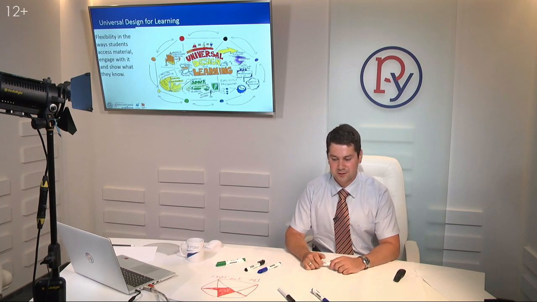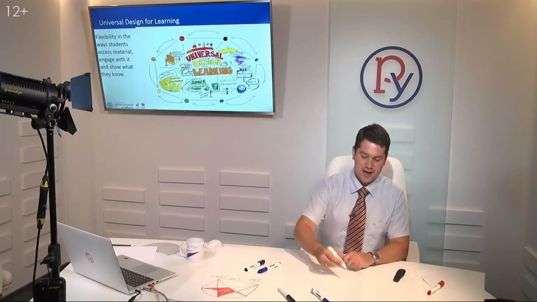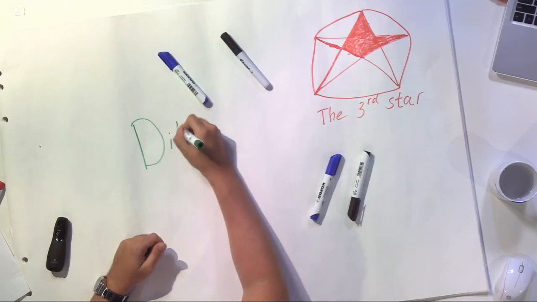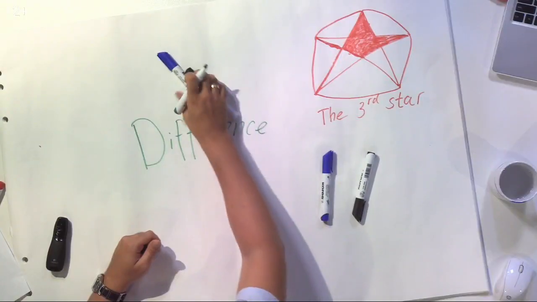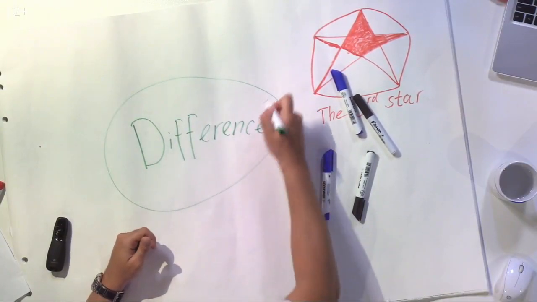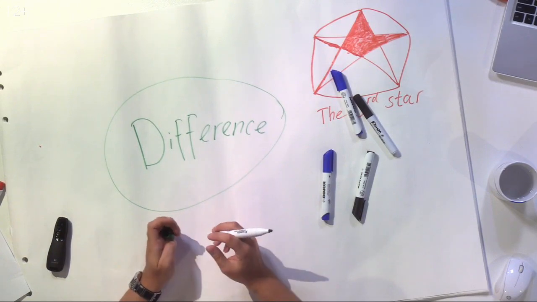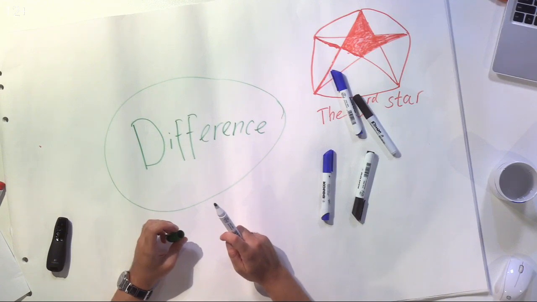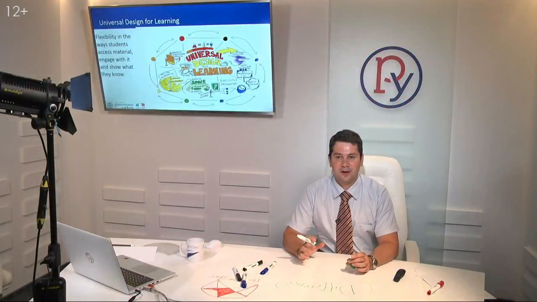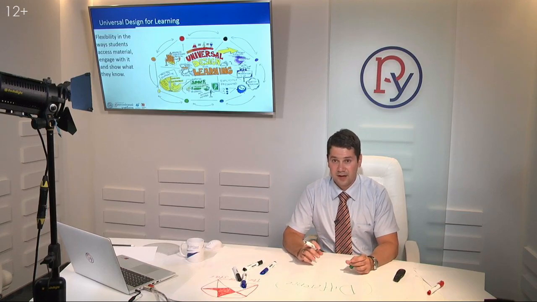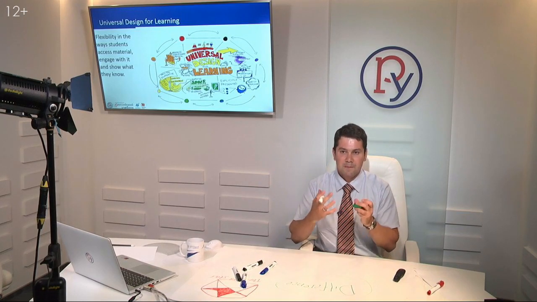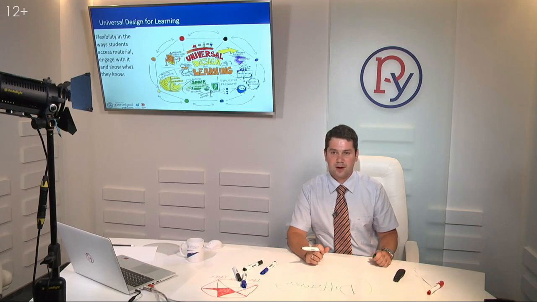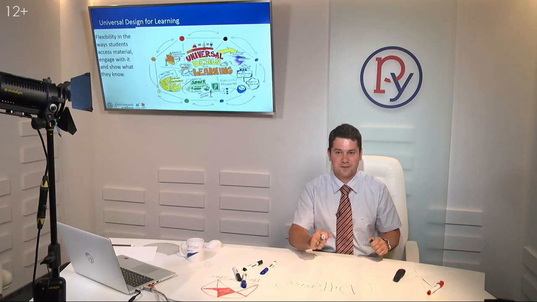Can we now brainstorm the differences that we can find inside our classroom? So think about your class and tell me about the differences that they have, differences between different students. How can you differentiate your learning and individualize your learning to make sure that you are addressing those differences in needs?